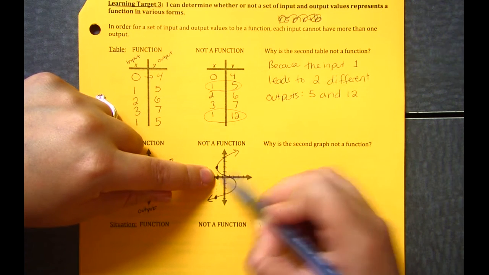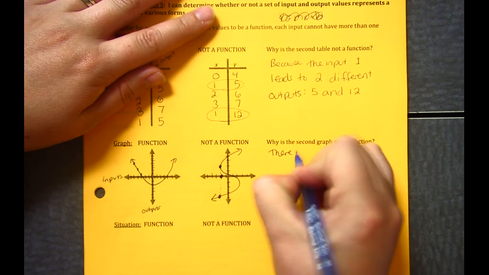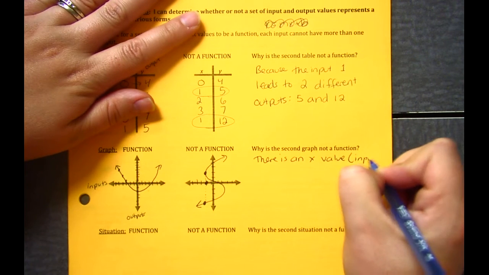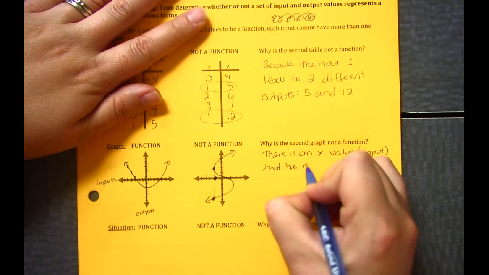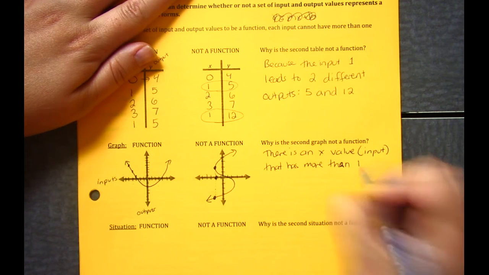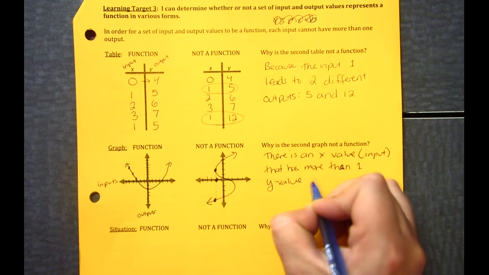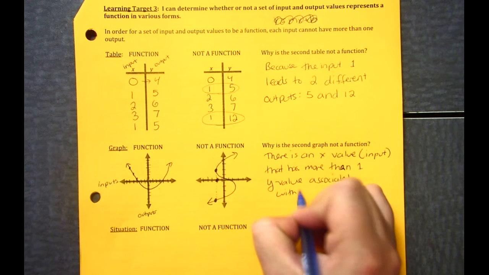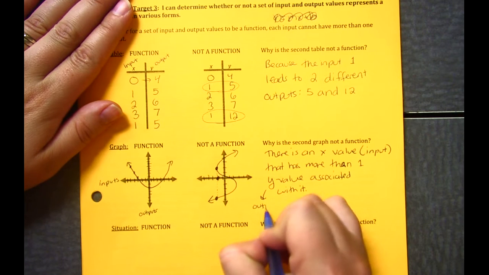So this relationship right here is not a function. There is an x value, which is really like the input of the function, that has more than one y value associated with it. Because the y value is really just the output.